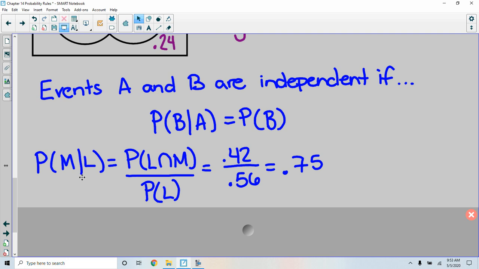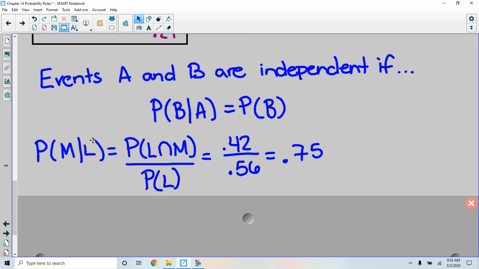So we can find the probability of having a meal plan given that they lived on campus using our formula. Probability they both happen is 42%. The probability of living on campus is 56%. So there's a 75% chance that somebody has a meal plan if we already know that they live on campus.